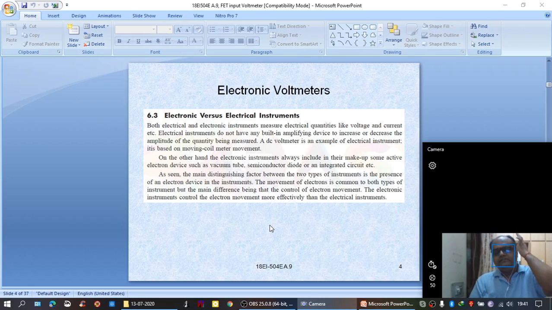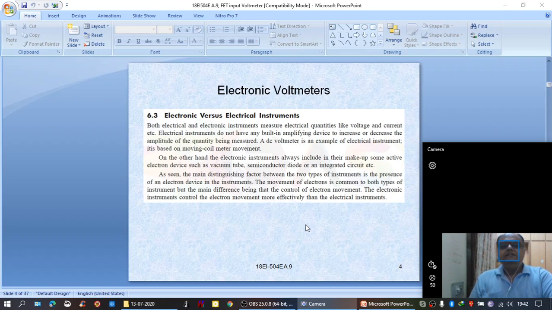In electrical instruments, the devices are directly connected to the point where the voltages are to be measured, and when the voltages are large enough to produce appropriate deflection current and substantial deflecting torque in the basic PMMC movement, then we can read the voltages.